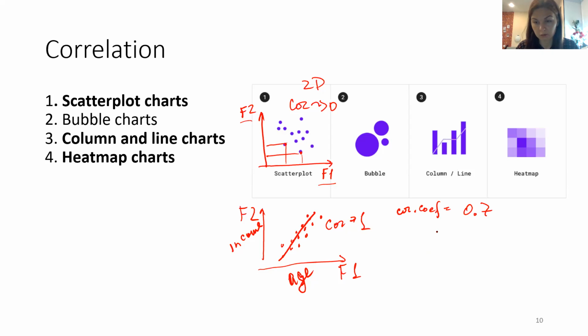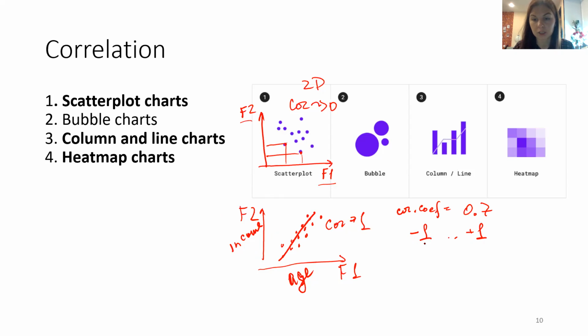The correlation coefficient varies between -1 and +1. And when it's close to 1, it means that we have positive correlation between F1 and F2 or some other features. So our age is strongly correlated with income.